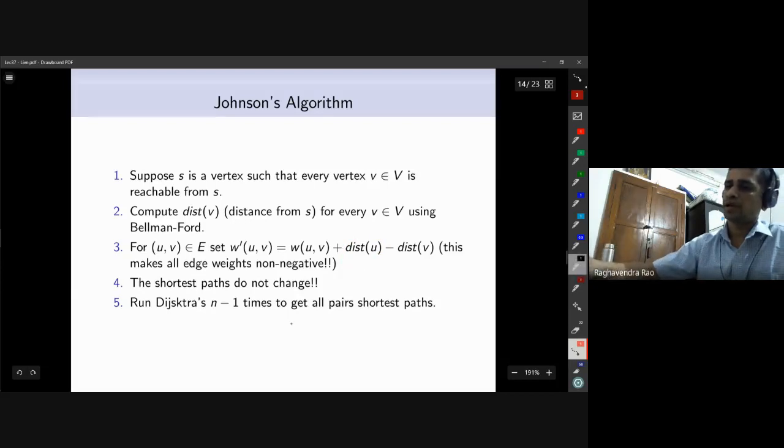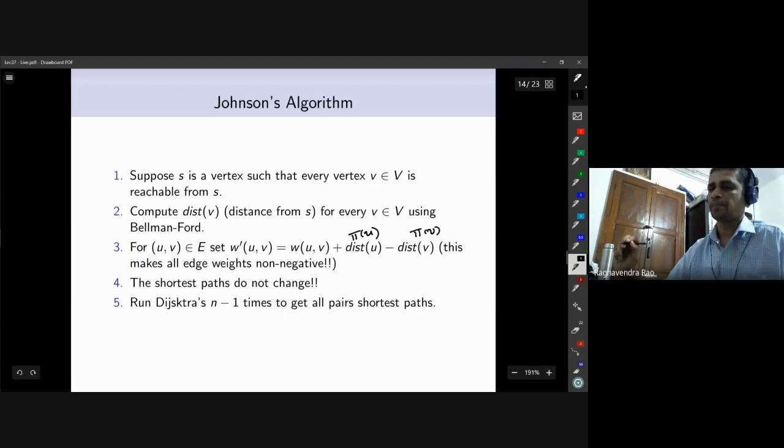So this is my pi of u, this is my pi of v. Now this somehow magically makes all edge weights non-negative, and every other property is preserved. Whatever we require of pi is preserved, and the shortest paths will be preserved.